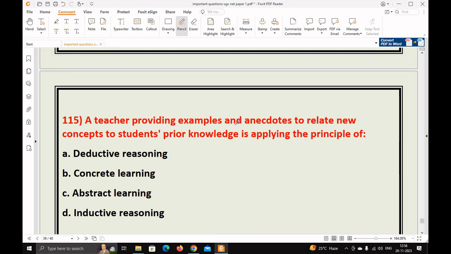Next, a teacher providing examples and anecdotes to relate new concepts to students' prior knowledge is applying the principle of. Options are deductive reasoning, concrete learning, abstract learning, inductive reasoning.